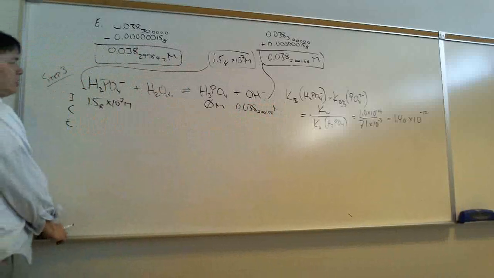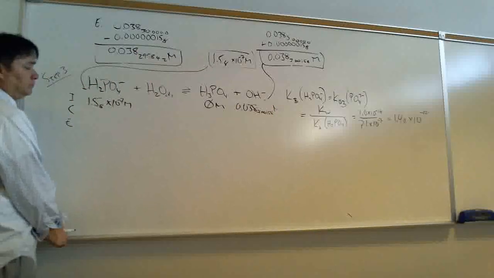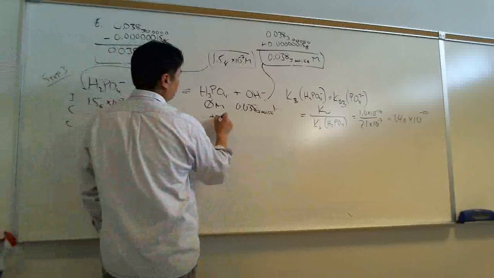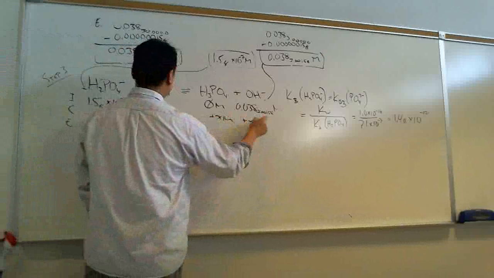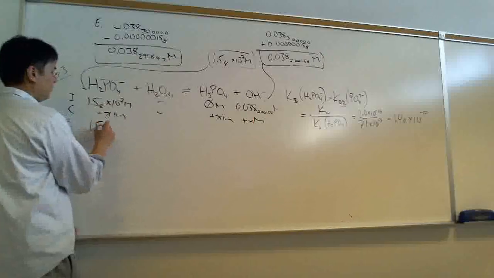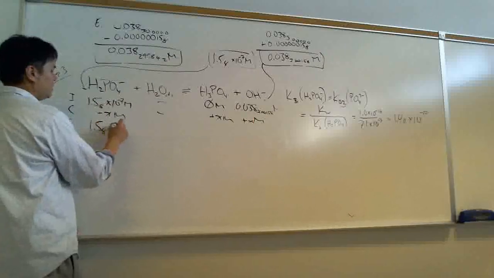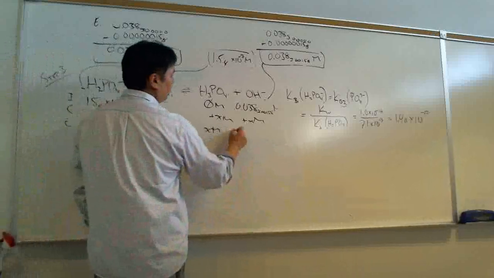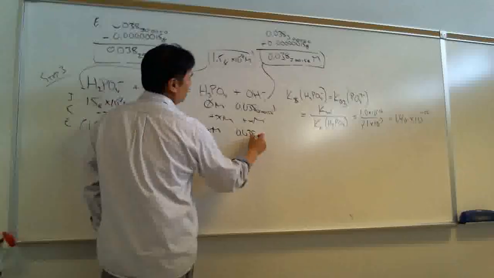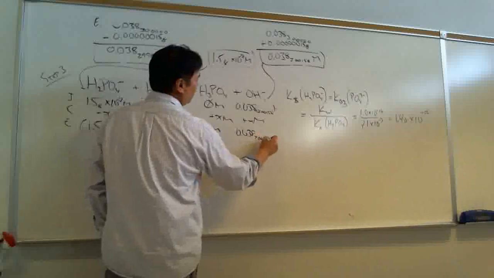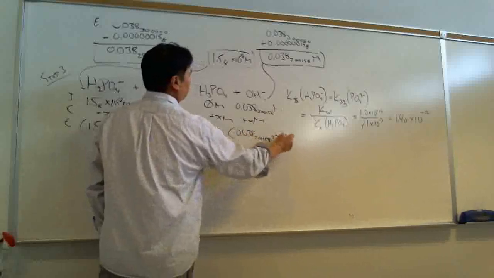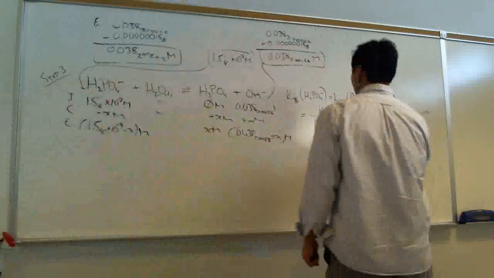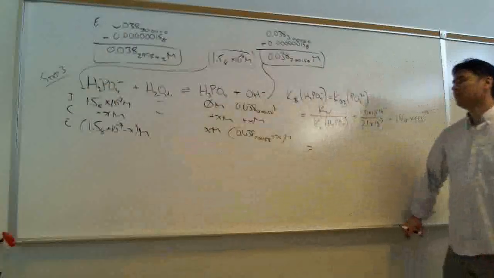Which way is this going to go? Forward. Minus x, plus x, plus x. So at equilibrium, I'm going to get 1.58 times 10 to the minus 7 minus x, and 0.038300158 plus x, in molar. What do you think about the simplifying assumption?